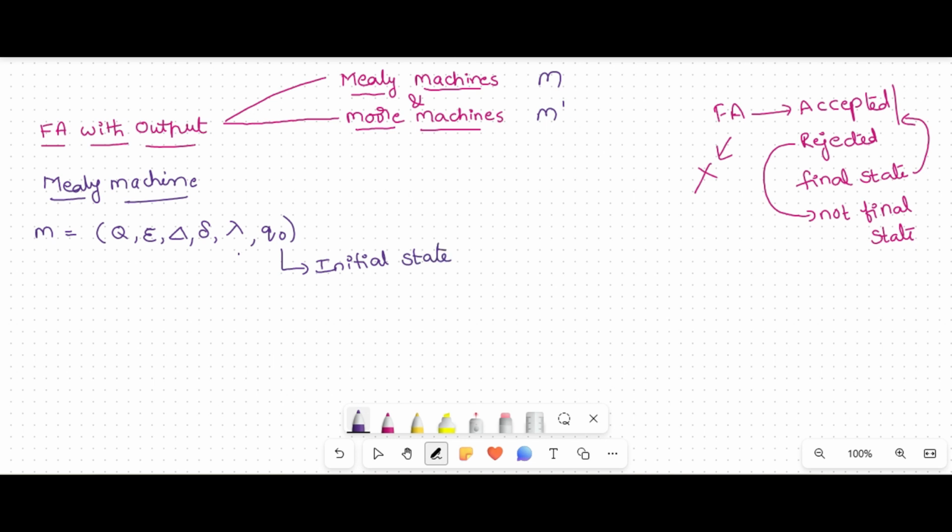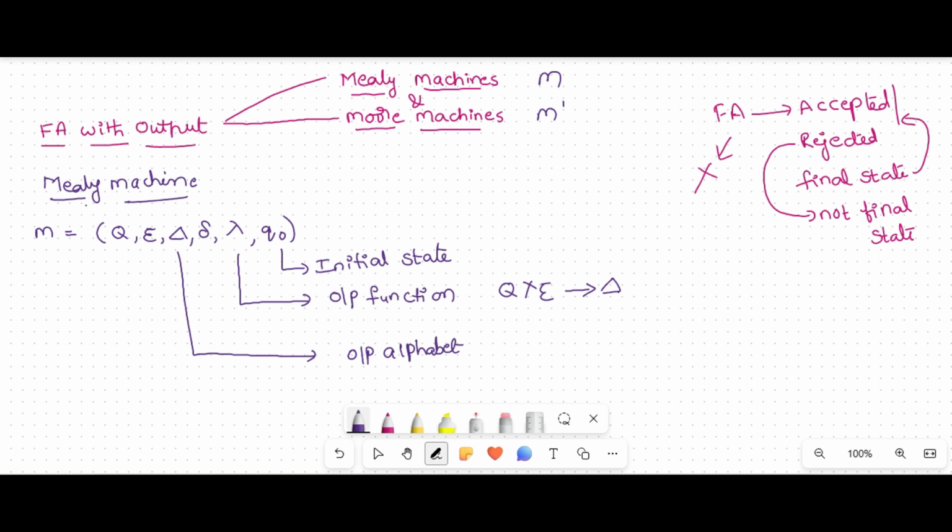What is this lambda? This lambda is the output function. The output depends on the present state and also the input alphabet, generating the output alphabet. What is this capital delta? Capital delta is the output alphabet.